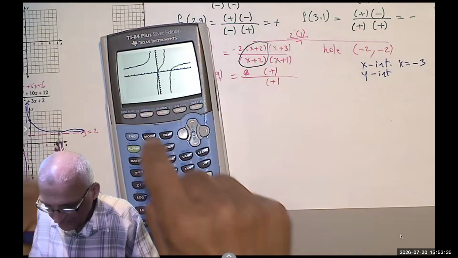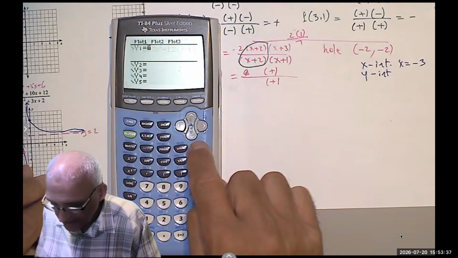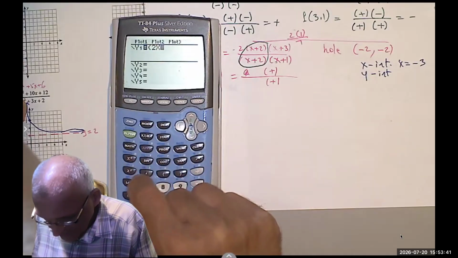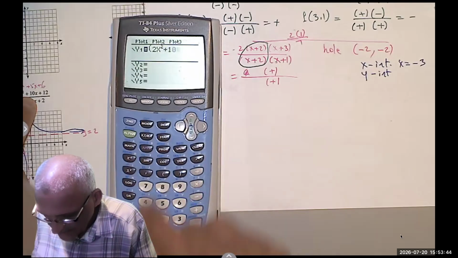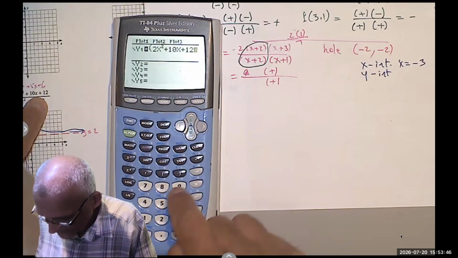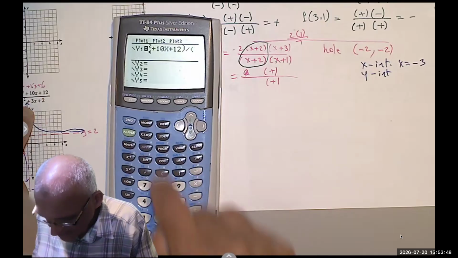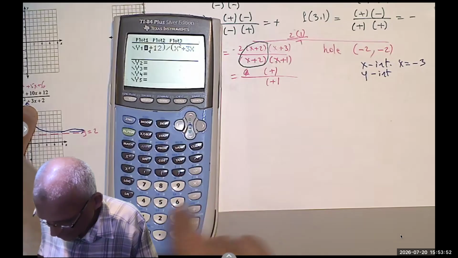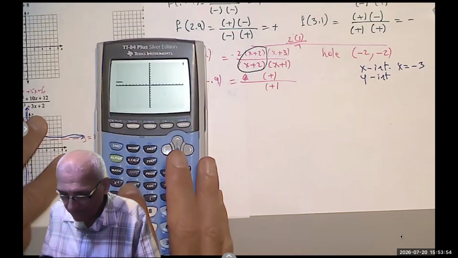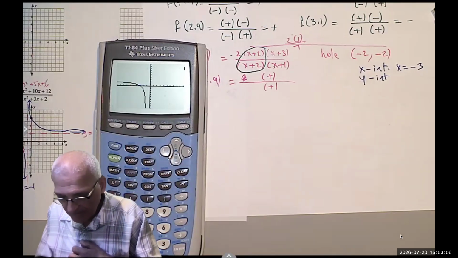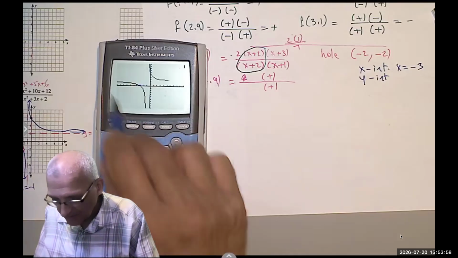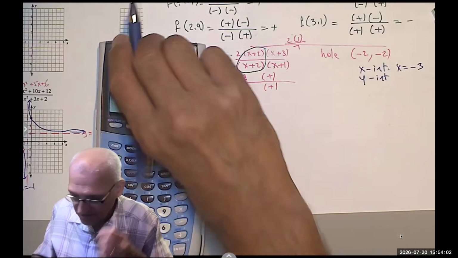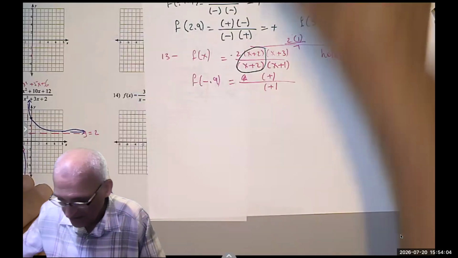I was trying to do it fast. Let's clear. 2x squared plus 10x plus 12 divided by x squared plus 3x plus 2. Yeah, so this is above the x-axis going down, and this is coming like that and crossing here. And these are the asymptotes.